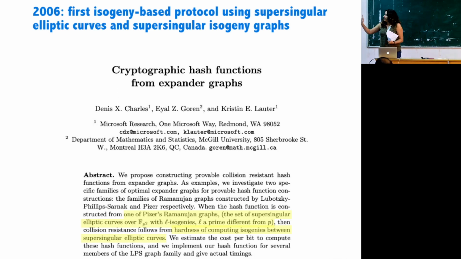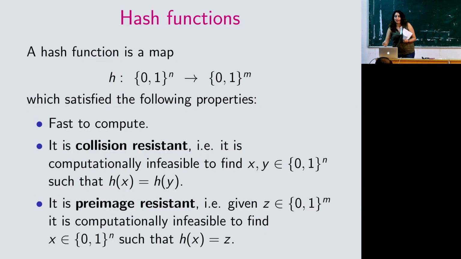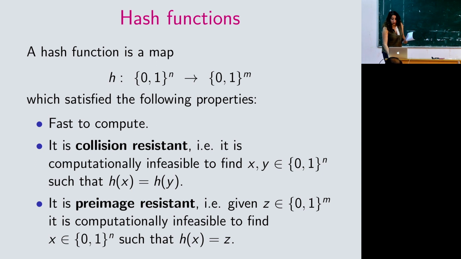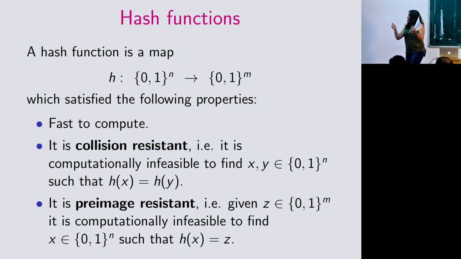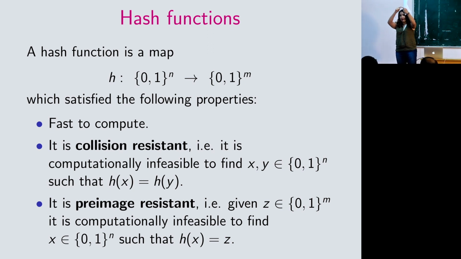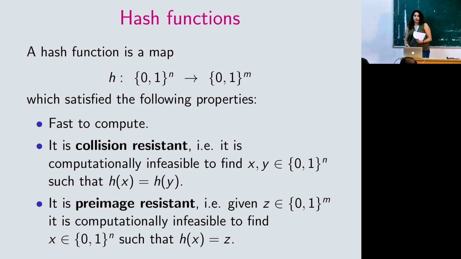And we require that this function has three important properties. You remember which ones? Yeah, actually here, the first one is that it is fast to compute, okay? And then that it is collision resistant. It means, I remember, that it is computationally hard to find two different inputs that have the same image, okay? And it is pre-image resistant.